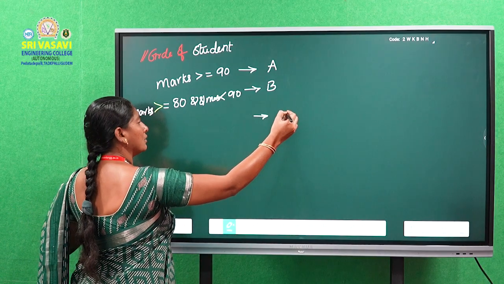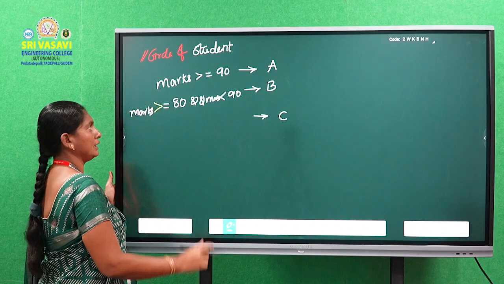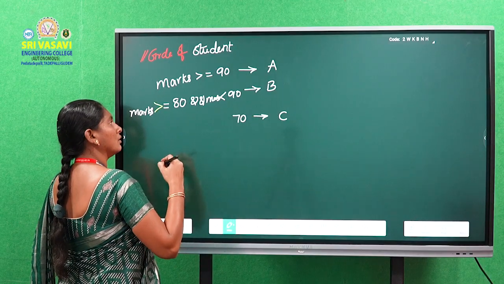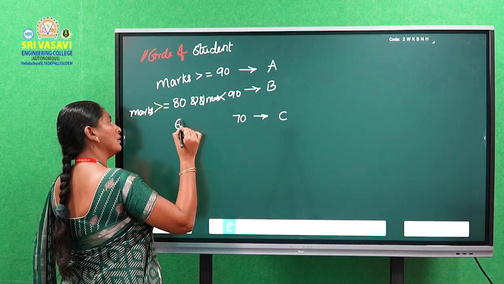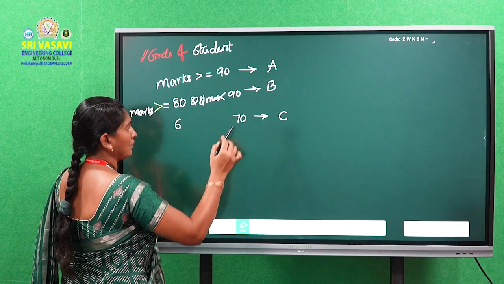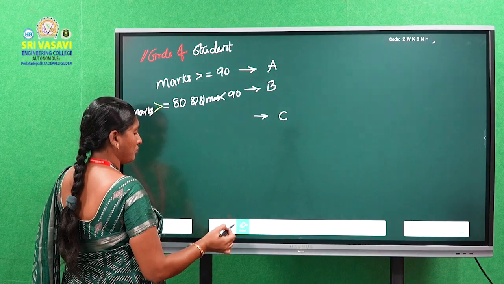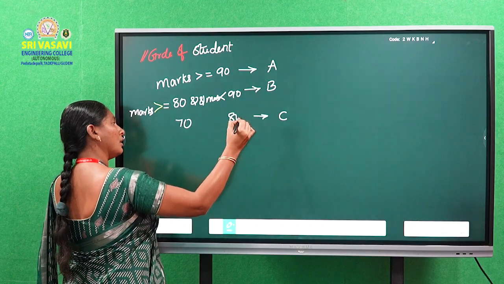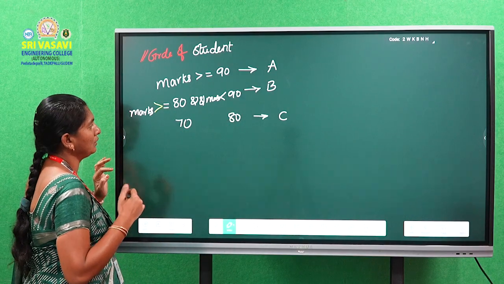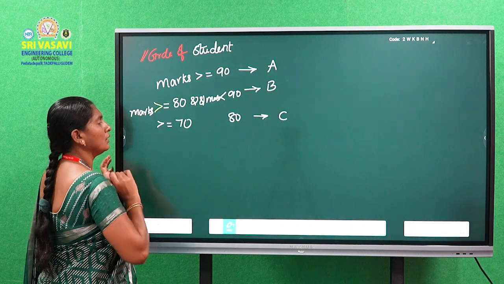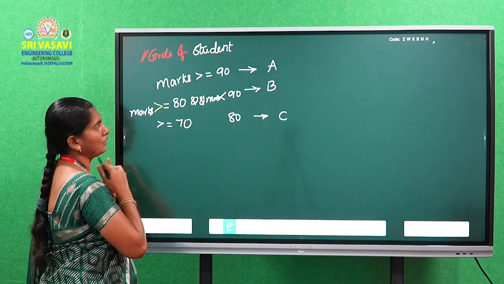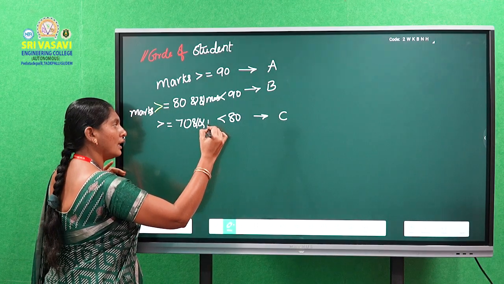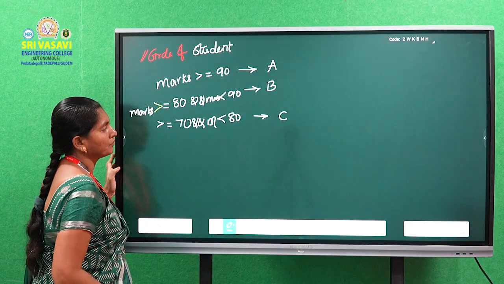For those marks I would like to print grade B. Next I would like to print grade C if the marks lie between 70 and 80. That means the marks should be greater than or equal to 70 and less than 80.